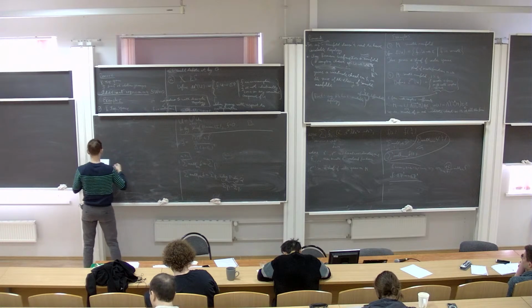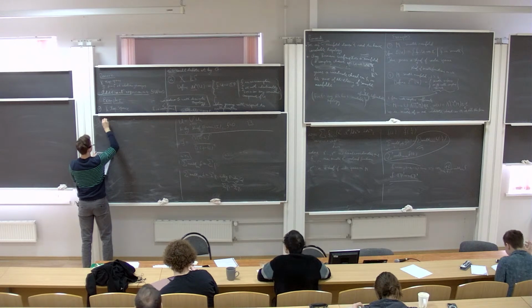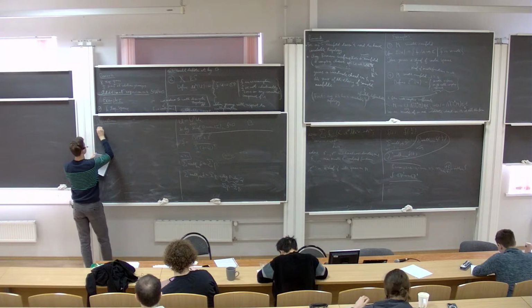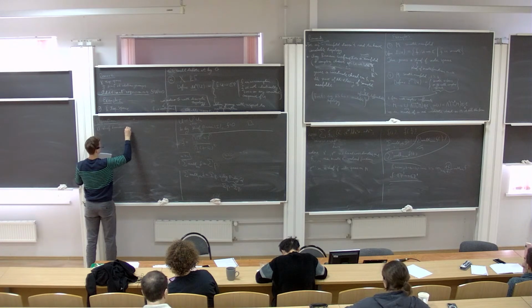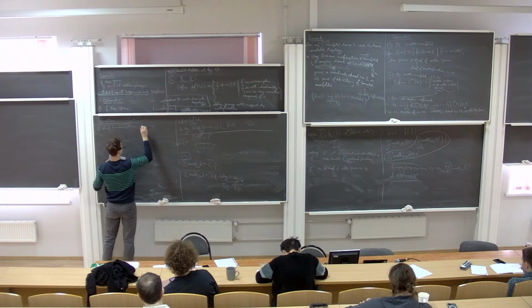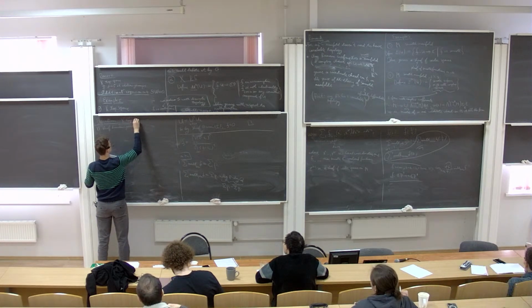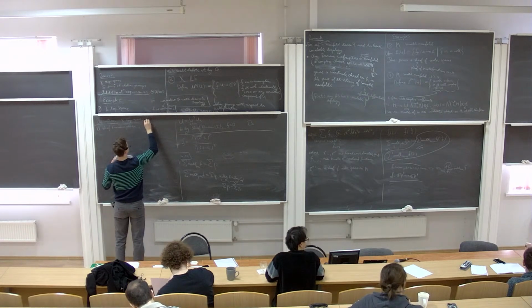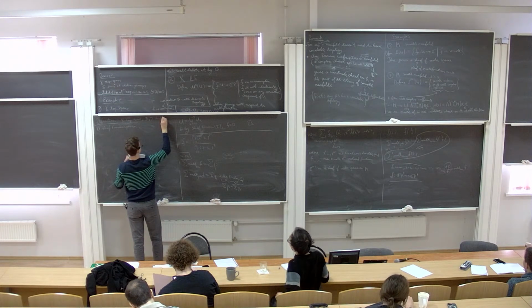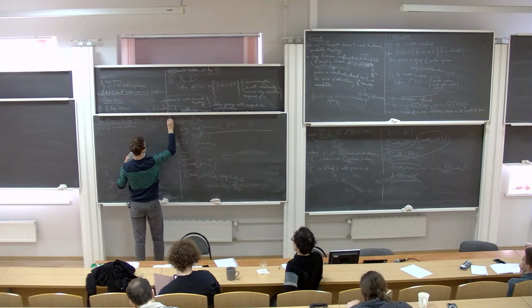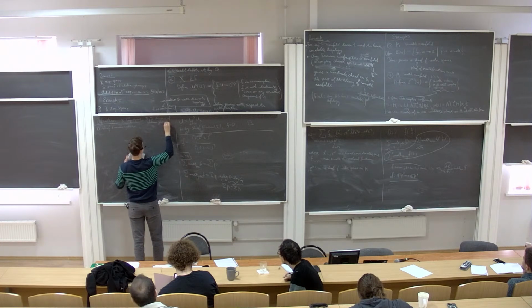Definition. Let X be a topological space, and F and Y sheaves of abelian groups.